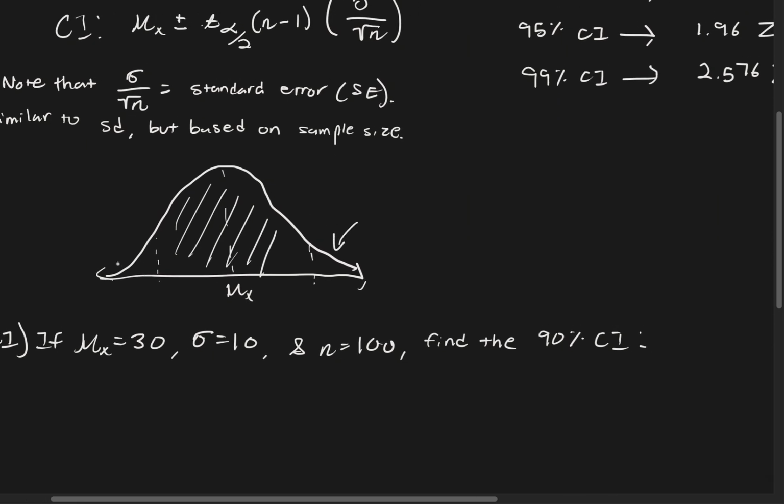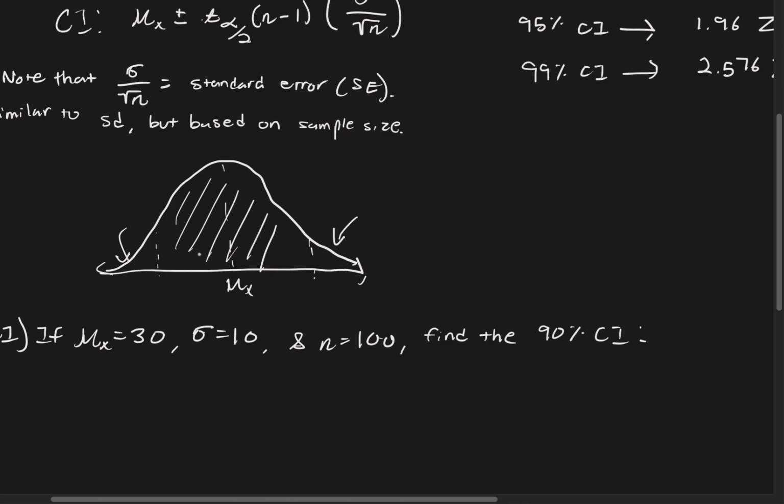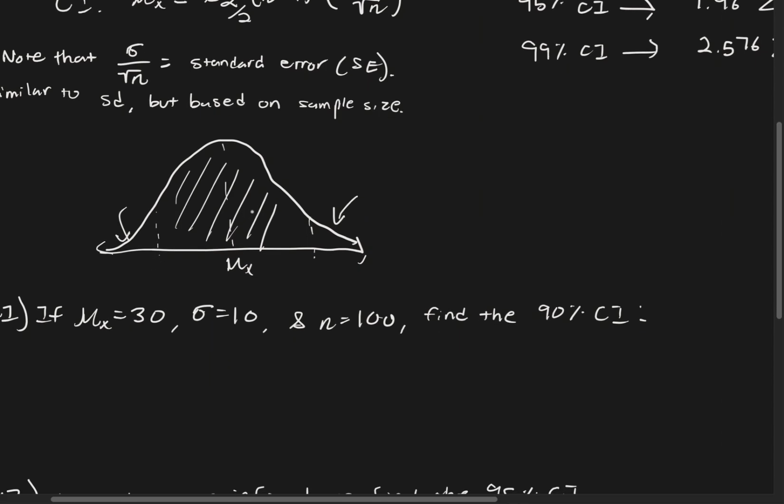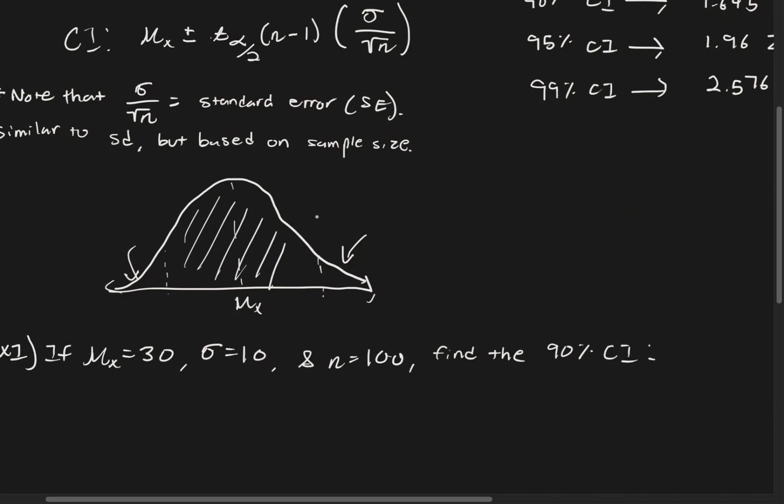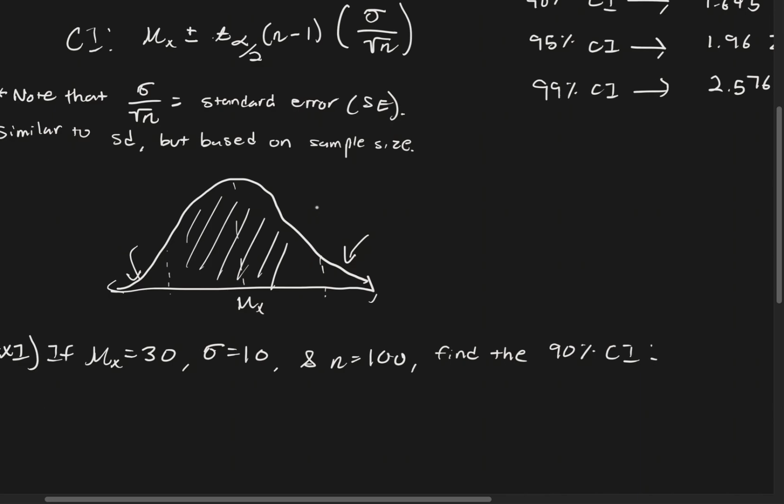Because the two tails, one on the left and one on the right, are empty, we have two spaces within the normal distribution that fall outside of the confidence interval.